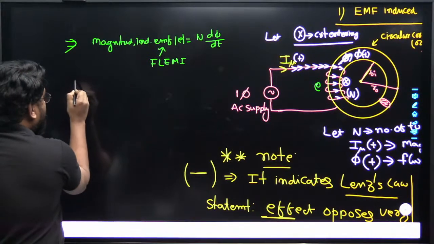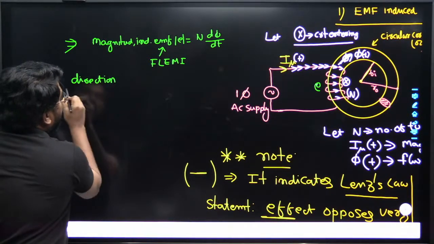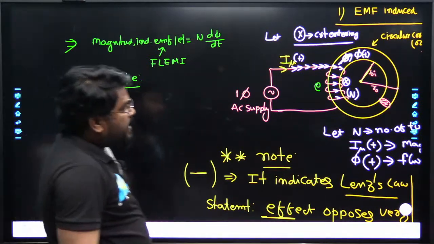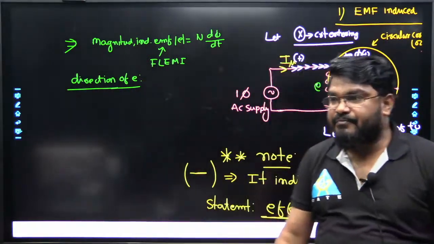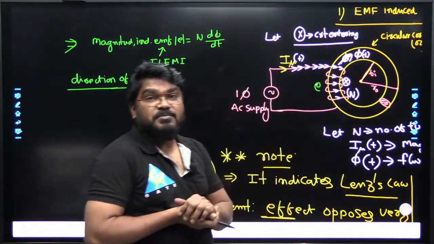So how do we find the direction, or polarity, of the induced EMF here? The effect opposes the very cause producing it.